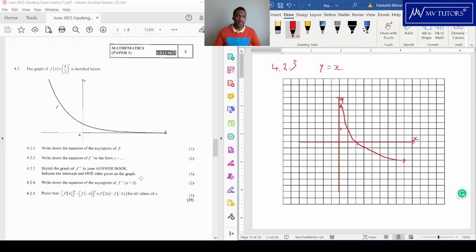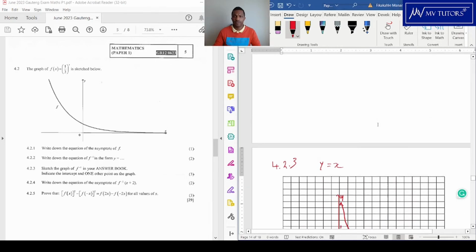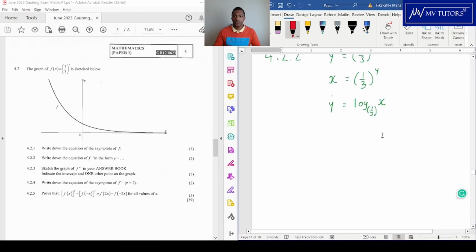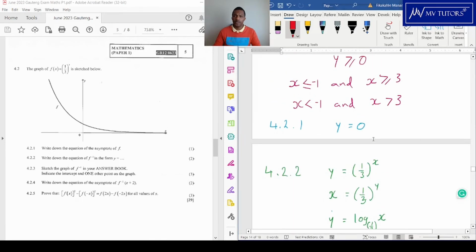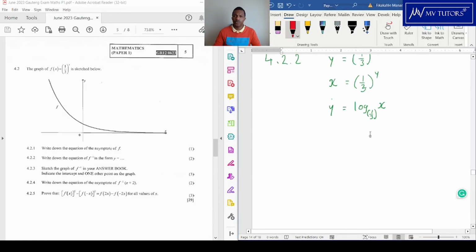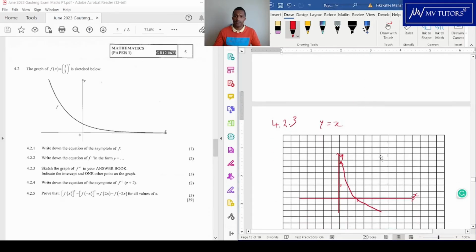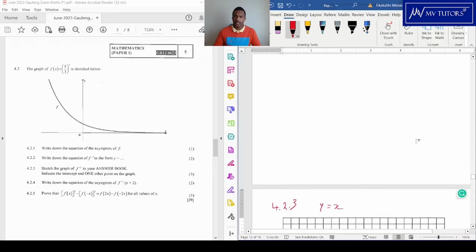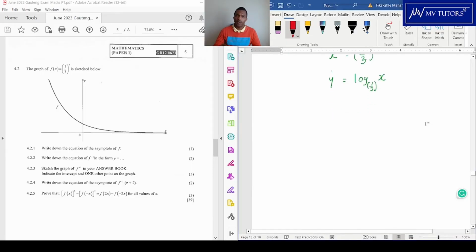So how do we do that? Do we have another point on the graph that it's going to pass? Well, we can actually solve for one. Just put 1 there so that we have a positive 1 there. So let's solve for our y.